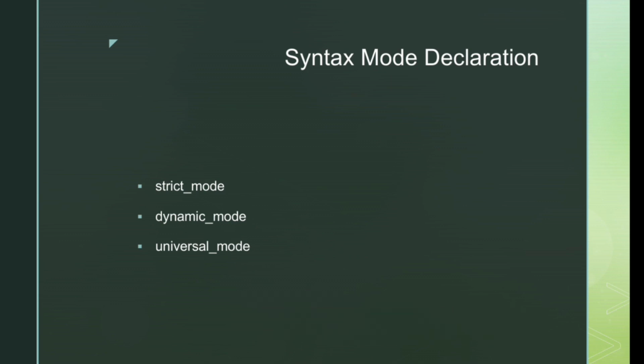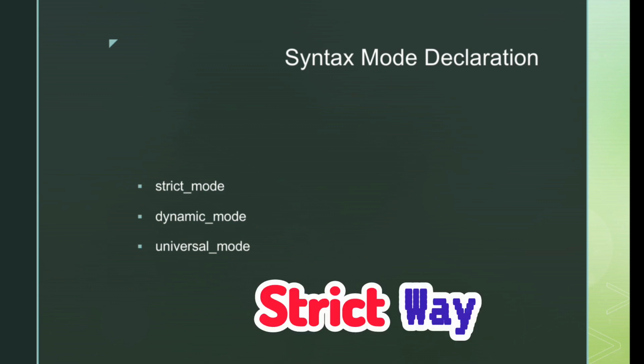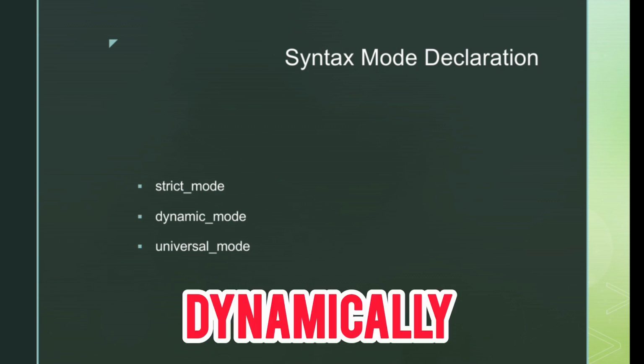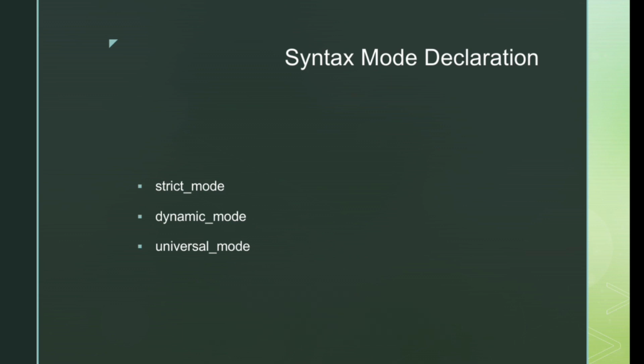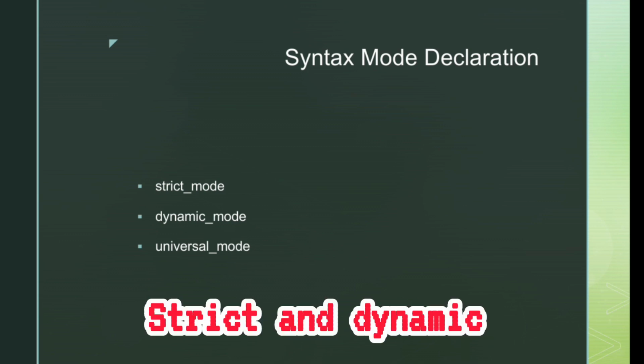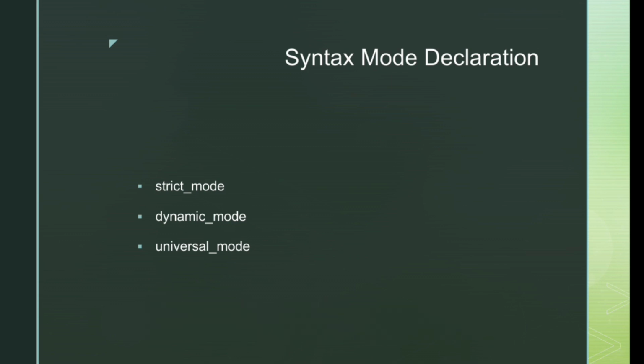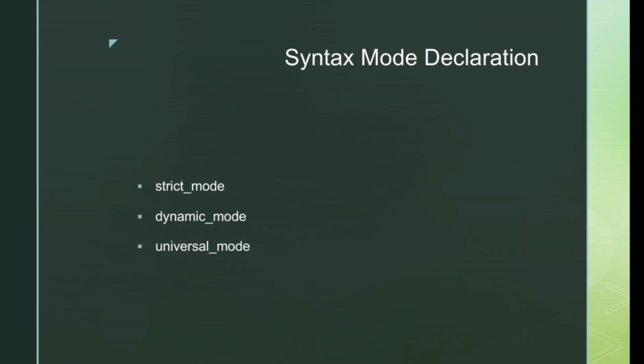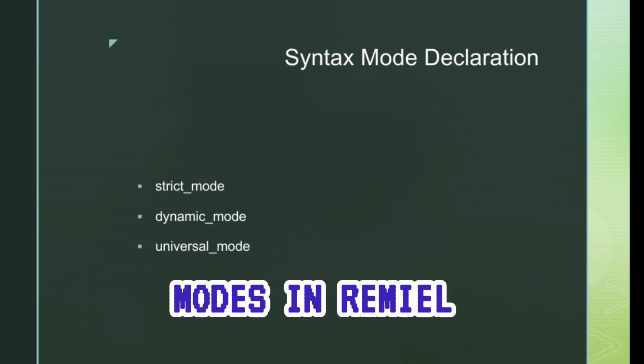The strict mode is mainly typing the language in a strict way, the dynamic mode is typing in a dynamic way, like a dynamically typed language, and the universal mode is typing using both strict and dynamic. You can type with a data type on a variable, or you can keep a variable without a data type. Those are the modes in Remiel.